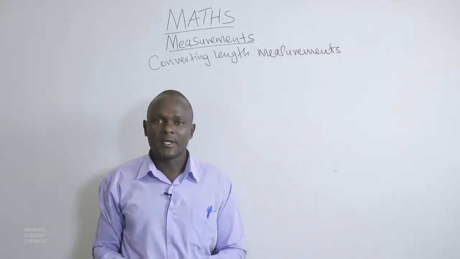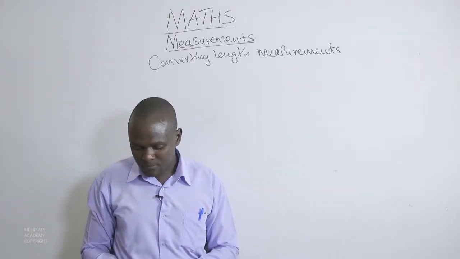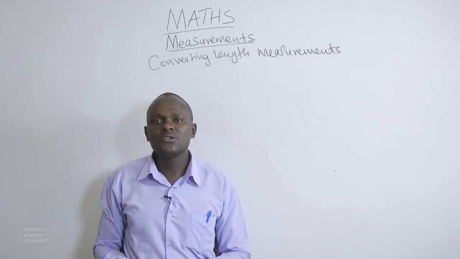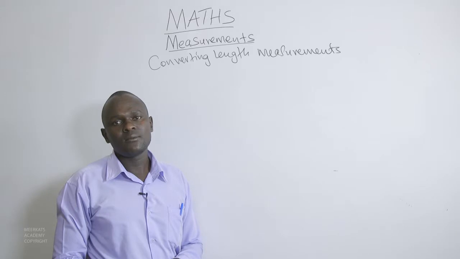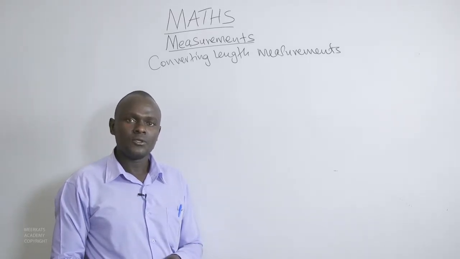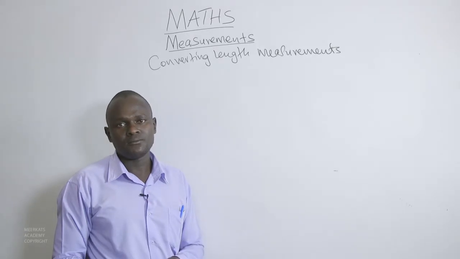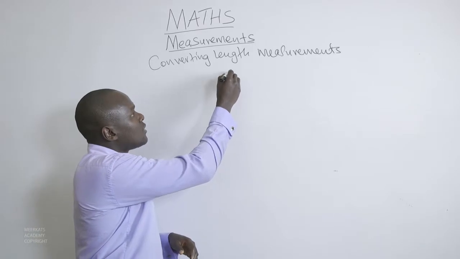Conversion of units of length. Basically, this refers to the conversion of units of length. And when we are talking about the units of length, we have several units of length ranging from those largest to the smallest ones. I'm talking about the kilometer.